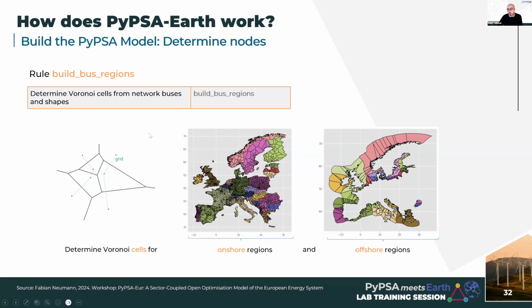The user can say, I don't want to base them on all of these, I have already predetermined shapes, let's say the GADM level 1 or any user-defined custom shapes. I want to just do the optimization according to those regions, and the model will use these regions accordingly and will not do the Voronoi cells.